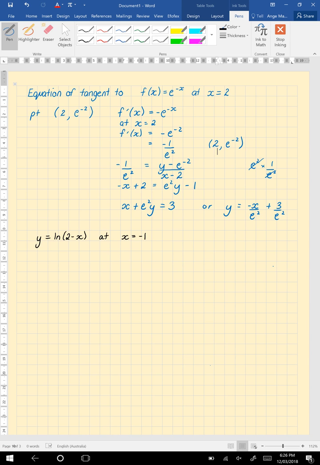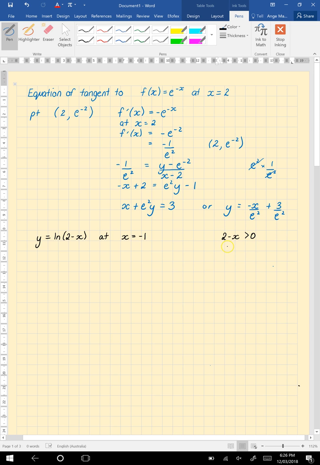Okay, so let's try one now with an ln, and really the only difference is you realize that x has a value here that we can't, well, it has a limit on the value because we know we can't ln 0 or negative. So if we look at this, we know that x must be less than 2, because we know that 2 minus x has to be greater than 0.